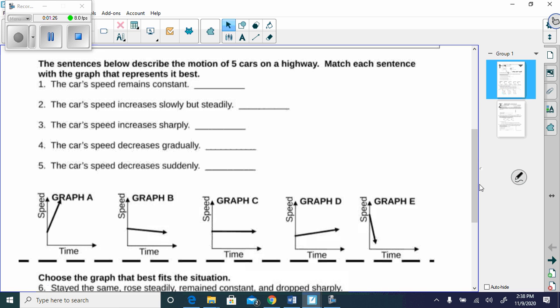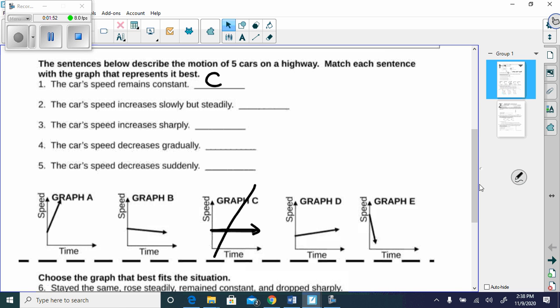And we're going to match each sentence to the correct graph. Okay? So, number 1 says the speed remains constant. Well, if it's constant, is it going up? Is it going down? So I'm looking at which graph? C. Very good. So this one remains constant, right? It's just going on a straight line. Okay, so I use that one.